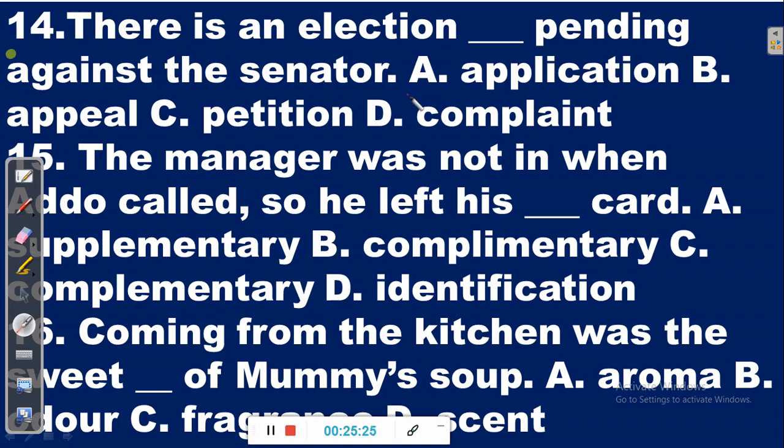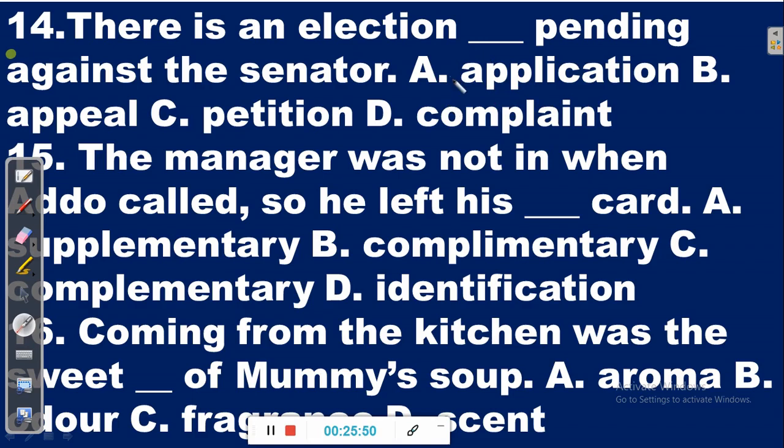So I have said that application is a formal request, and so you can talk about an application letter. Of course, the other meaning of application is what is abbreviated as app. You talk of mobile apps or application software, internet software, browsers, and all that.